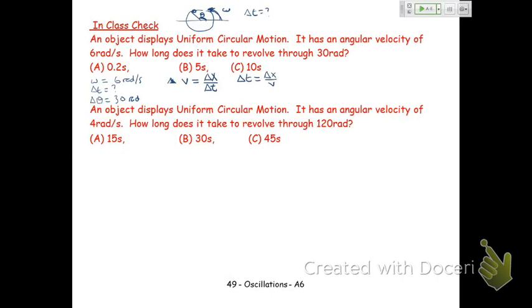How long will it take you to go 170 miles at 10 miles an hour? So, it's as easy as that. But what we say is omega is equal to d theta by dt. So dt is equal to d theta over omega, which equals, let's have a look, revolve through 30 radians, 6 radians per second, which equals 5 seconds.